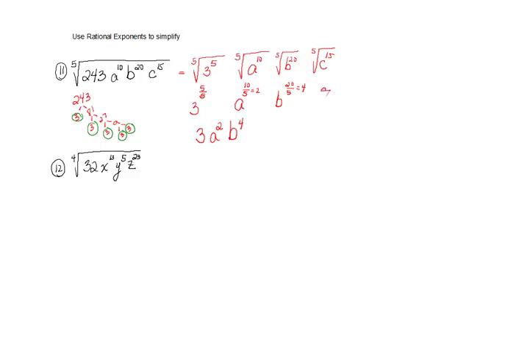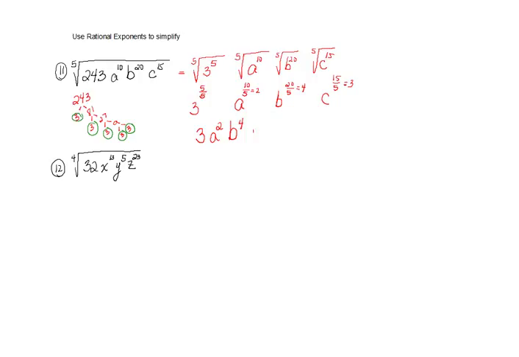And this is my final answer. The 5th root of 243, a to the 10th, b to the 20th, c to the 15th equals 3a squared, b to the 4th, c cubed.